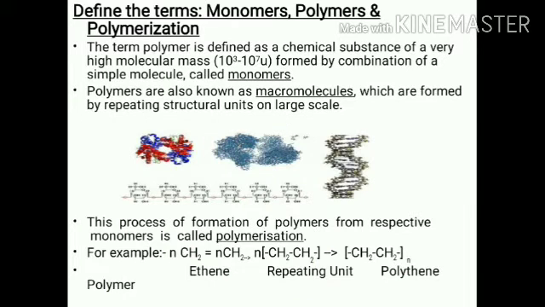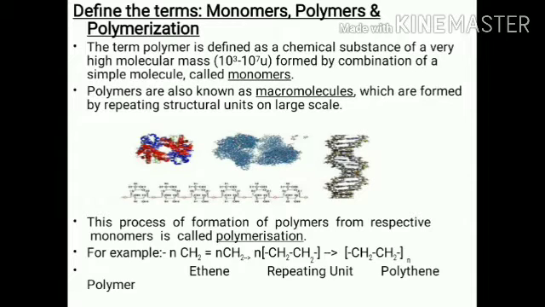Now the definitions of polymer, monomer, and polymerization. First of all, the simple definition: formation of polymer is called polymerization. Polymer is formed by the repetition of the monomer unit.